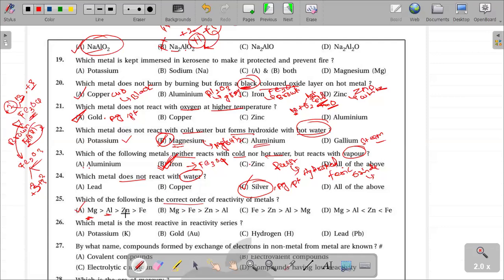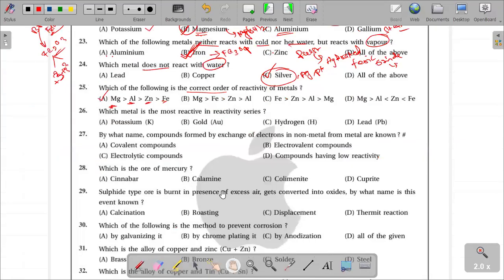In the reactivity series, if you check it, then you will get the idea. 13 elements are there in the series. In the 13 elements, the first four are potassium, sodium, calcium, magnesium, in that order.